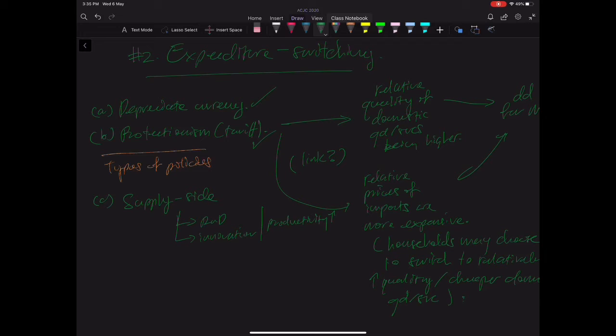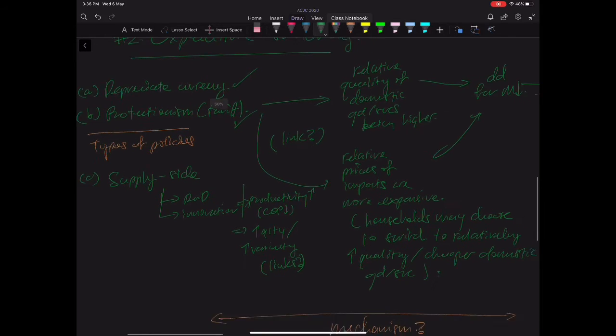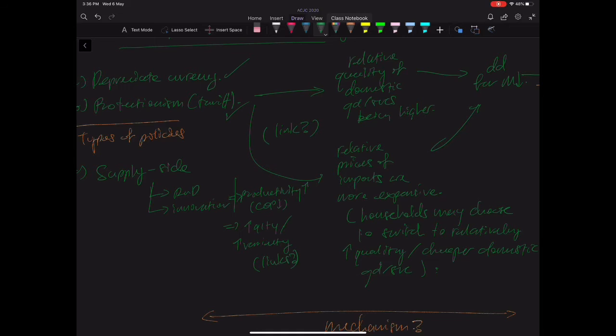It may affect your cost of production, it may fall. It may also lead to you having higher quality or variety of goods and services. And again, draw the link between this to how would this lead to the switching effect.